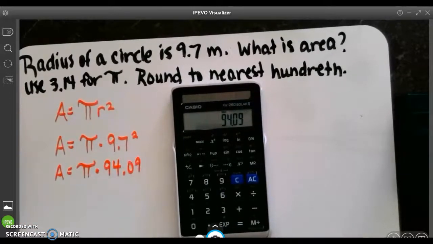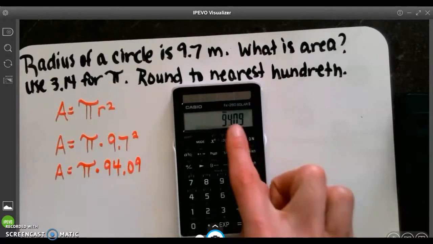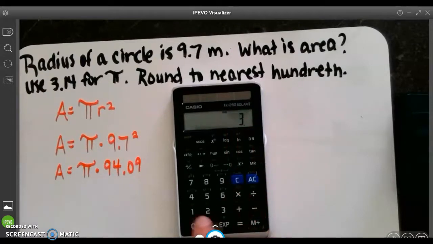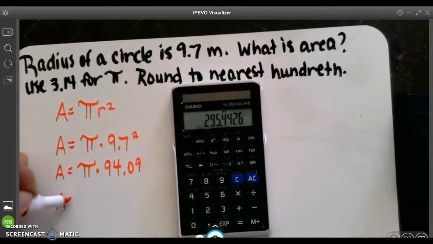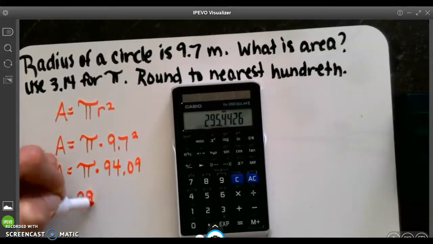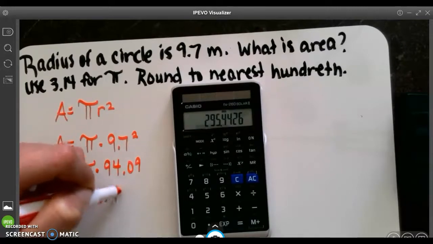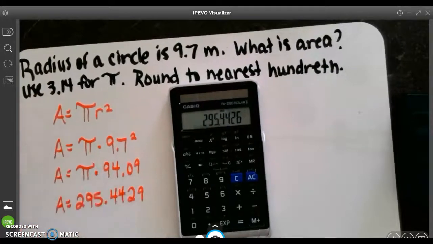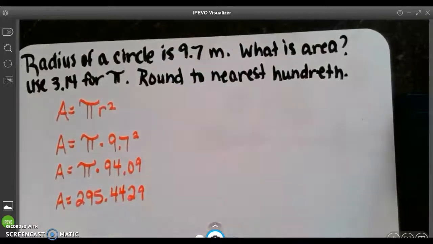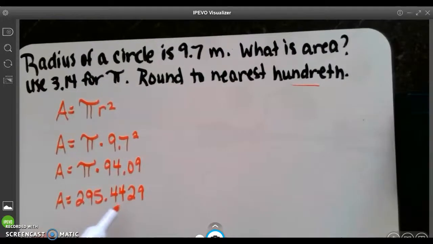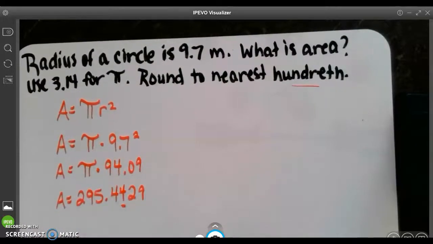So area equals pi times 94.09. So I'm going to do 94.09 times 3.14, not times the pi button, only 3.14. So we have this long 295.4426. We want to round to the nearest hundredth is what it's telling me up here. So I need to stop at the second decimal place.